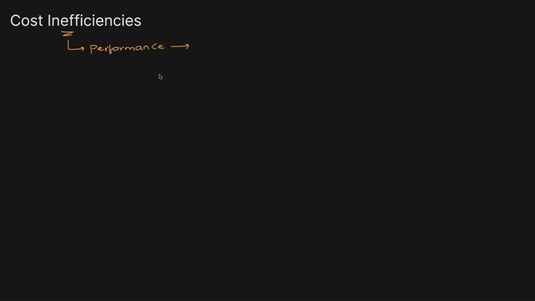To do this, at times, teams over provision the cluster. So they might create clusters with more worker nodes, or they might set up worker nodes with more than required resources. Another challenge with respect to cost management is rebalancing the cluster.